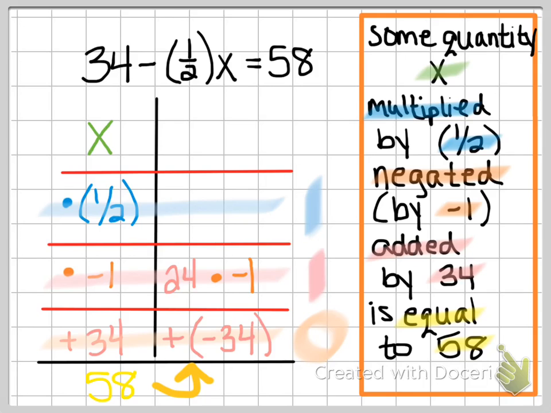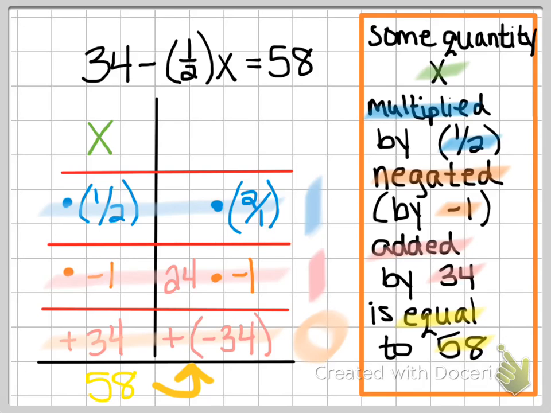I see that it's multiplying by 1/2. Again, in order to undo the step, we need to find the identity. In order to get the identity, we use the inverse. So the inverse of multiplying by 1/2 is actually multiplying by 2/1.